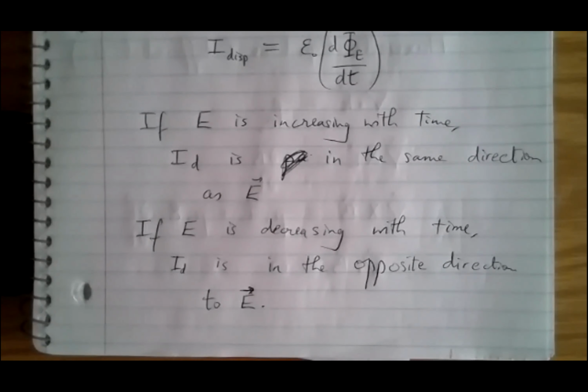Does that mean that Ampere's law is incorrect? Basically, yeah, if you want to use the original Ampere's law, you can only do that in a case where you have no changing electric fields. So why do we still learn Ampere's law if it's not correct?